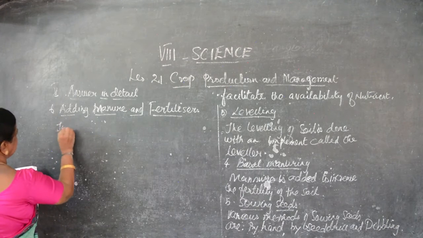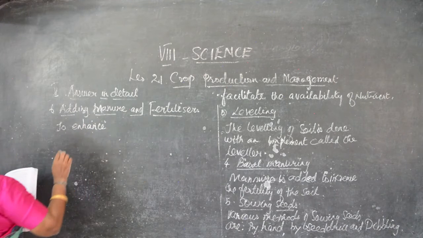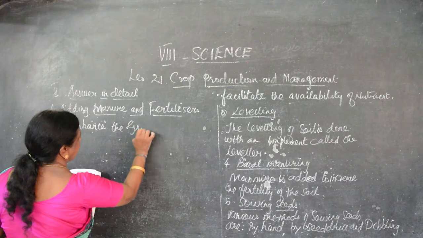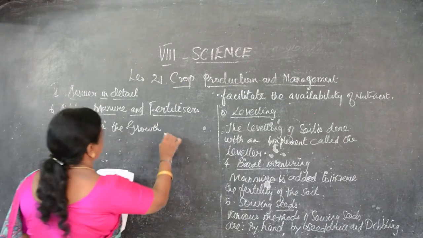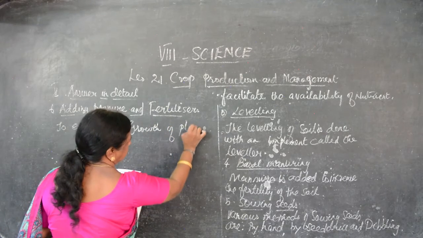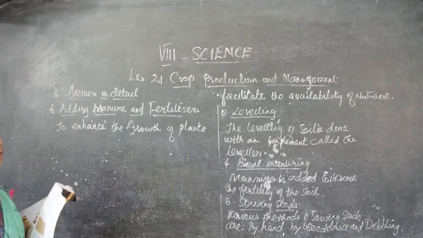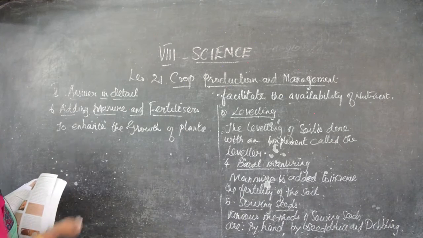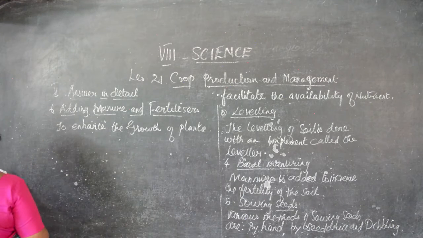To enhance. Enhance means what? Increase. To enhance the growth of plants. The basal manuring is to enrich the soil. After the seeds are sown, we are adding the manure. That is for the growth of the plants, not for the soil. Clear?